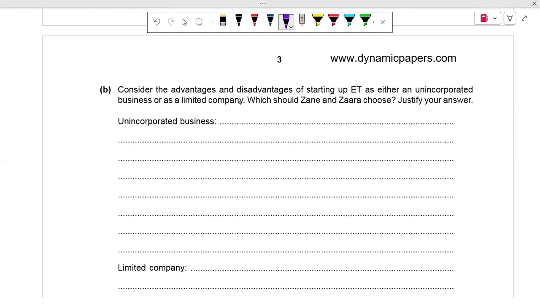Basically, among the partners there will be complete control. So if there is complete control, they can easily manage the operations, and there are no conflicts.